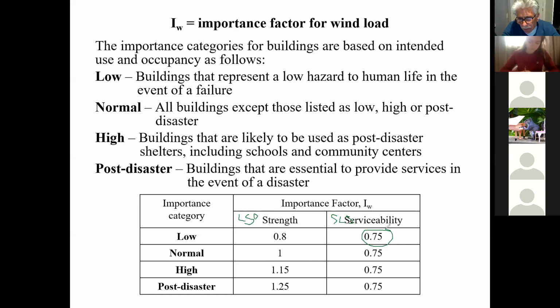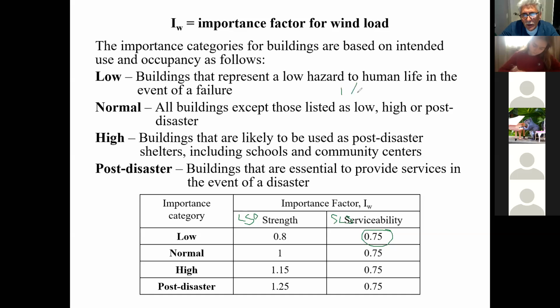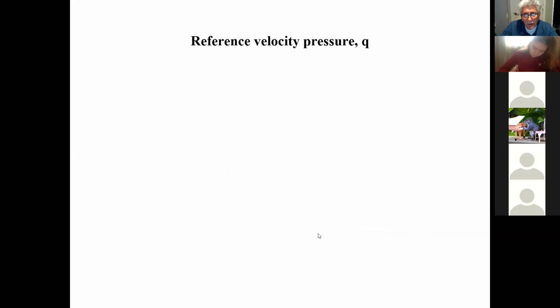I don't want to bore you, but the reason why it's so low is because the wind pressures are still based on a probability of 1 in 30. Since they brought all the climatic information up to 1 in 50, they lowered the values for 1 in 50 back to 1 in 30. That's why it's there. So we have the value of IW, both for strength and for serviceability.